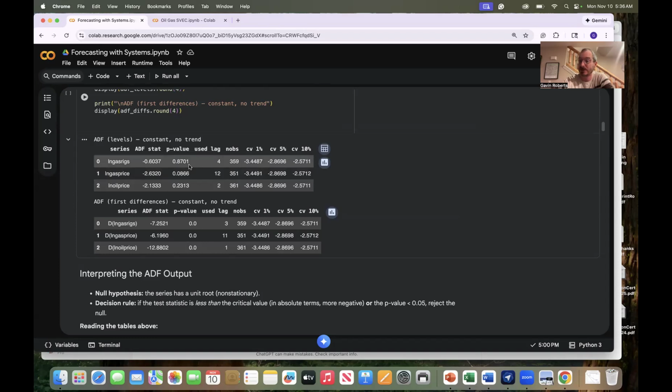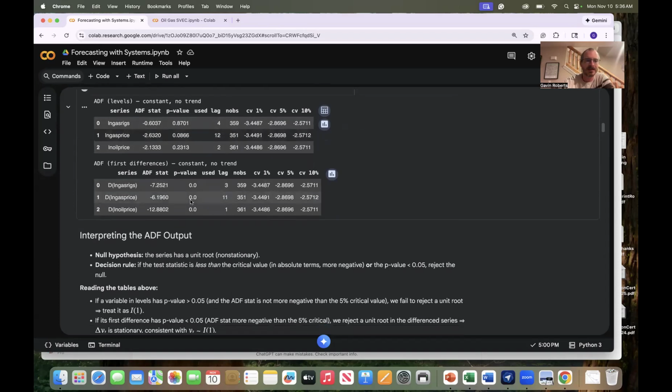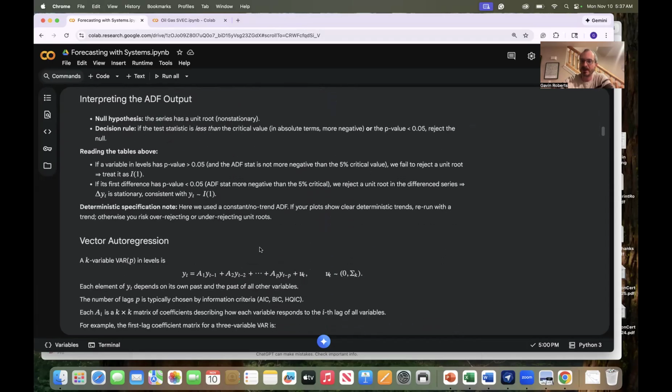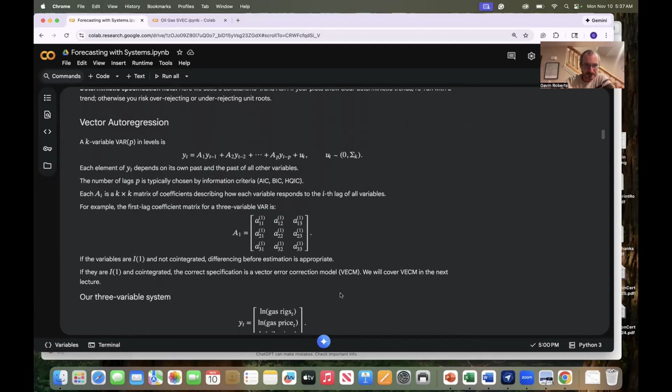We failed to reject the null hypothesis of non-stationarity. Here, we did reject the null hypothesis of non-stationarity when we took the differences of that data. So we took today's value minus yesterday's, or, since this is monthly data, this month minus last month. That difference is stationary based on these ADF tests. What we conclude from that is that these variables are integrated of order one.